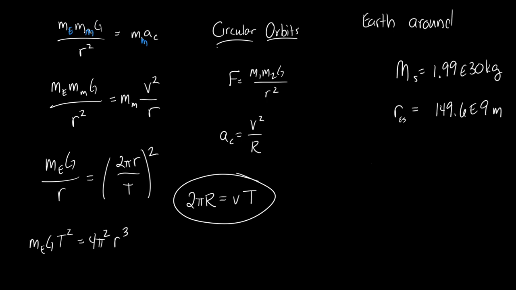The radius of the Earth is 6.37 times 10 to the 6th meters. The Earth-Moon distance is 3.84 times 10 to the 8th meters. If I wrote those numbers like that, there's no way for you to easily compare these two things.